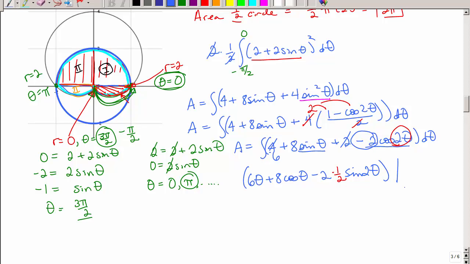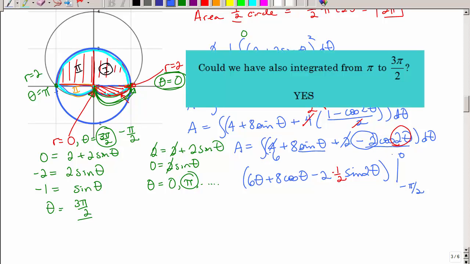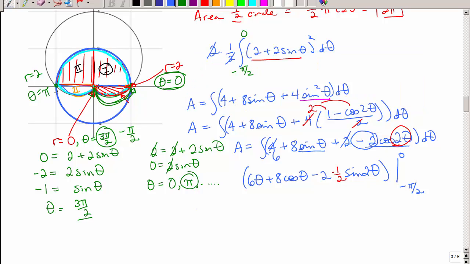And what are my limits? From negative pi over 2 to 0. So if I put in 0, do I get 0 for everything? No, be careful. So let's just be really careful. I have 6 times 0, yes, that's 0, plus 8 times the cosine of 0, which is 1. Then I have minus the sine of 0, which is 0. Then I need to subtract my bottom limit.